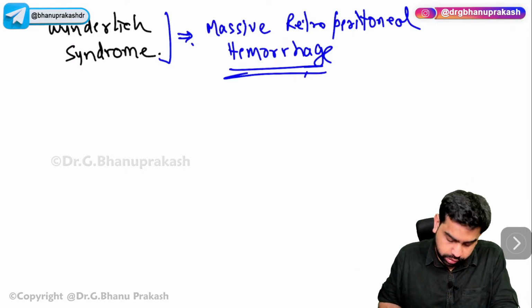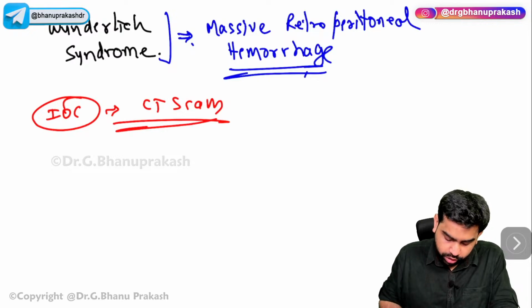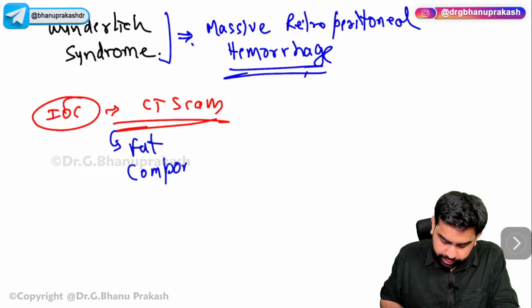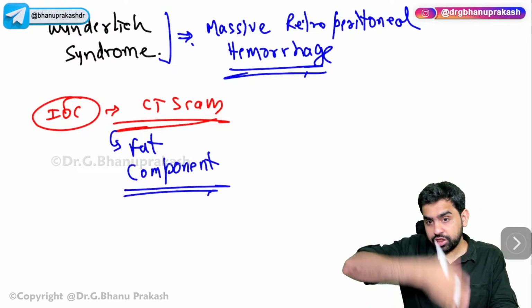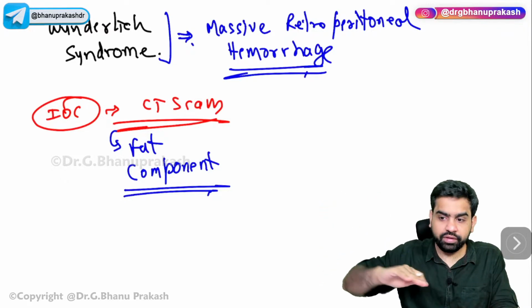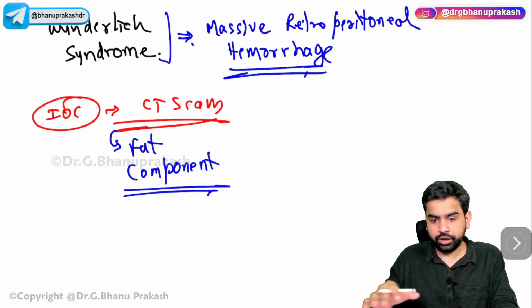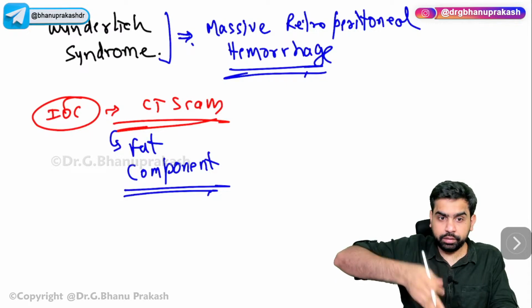Now if I ask you what the investigation of choice is for these patients, it is a CT scan. Why? Because in these patients you have a fat component. This fat component is what distinguishes the angiomyolipoma from renal cell carcinoma, because in renal cell carcinoma you never have a fatty component, but in these patients you do.